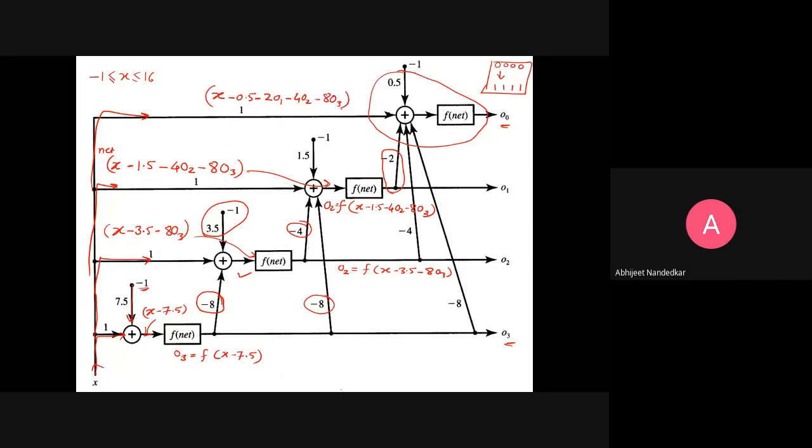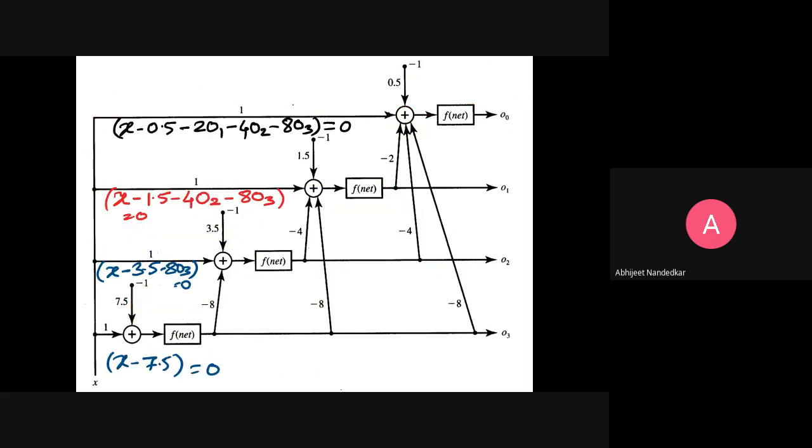So this is the net value here, and output O0 is a function of x minus 0.5 minus 2 O1 minus 4 O2 minus 8 O3.